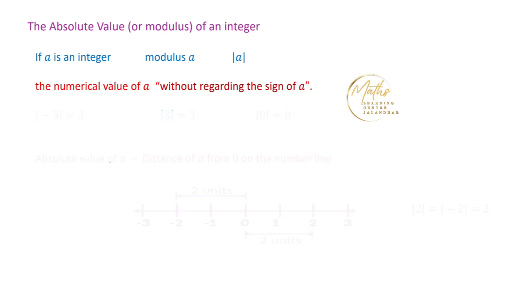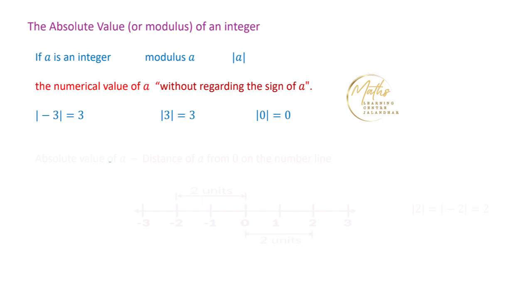So consider, for example, if we have to calculate modulus of -3, the sign we have over here is negative. We neglect this negative sign, and the absolute value of -3 is equal to 3. Similarly, the absolute value of 3 is equal to 3. And the absolute value of 0 is equal to 0.